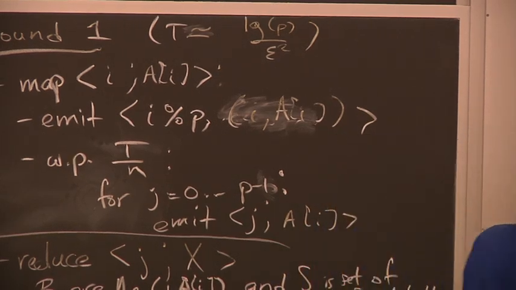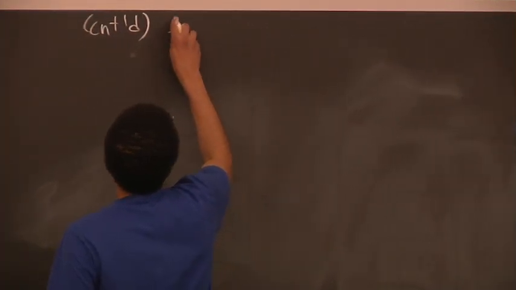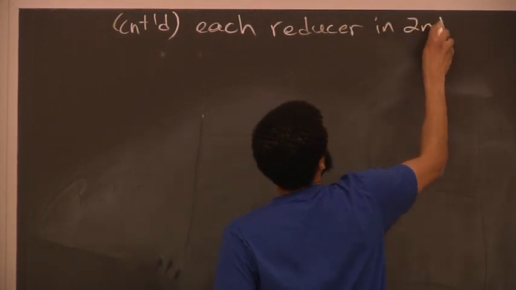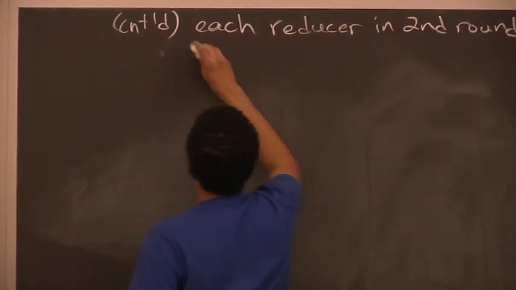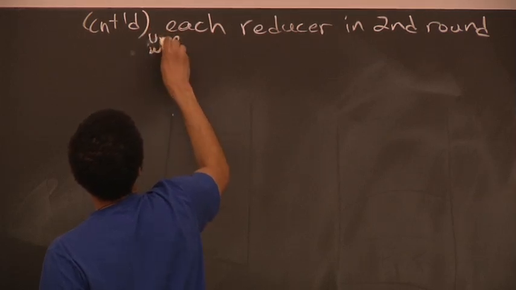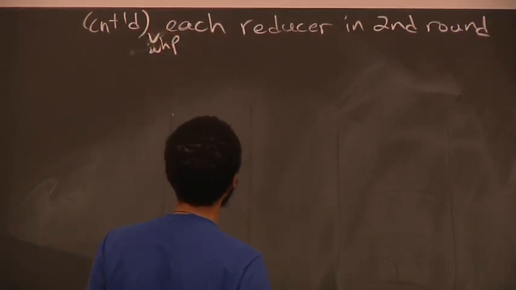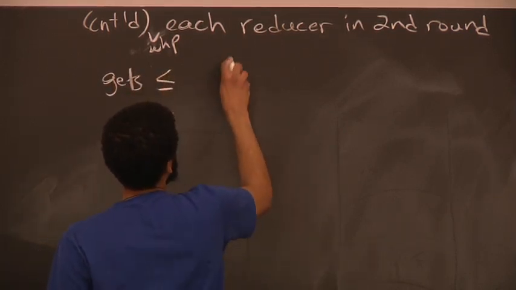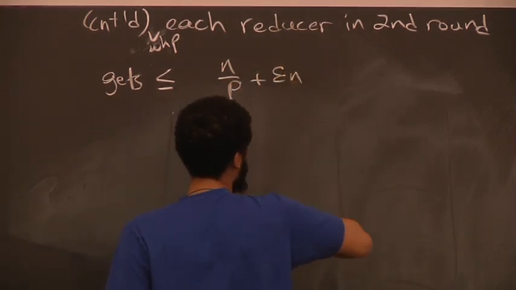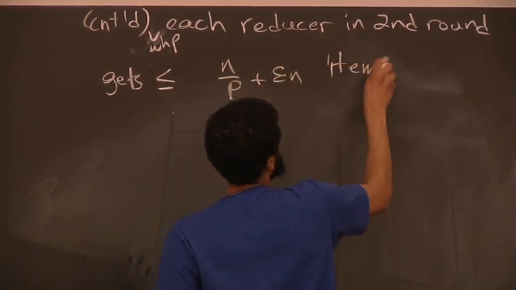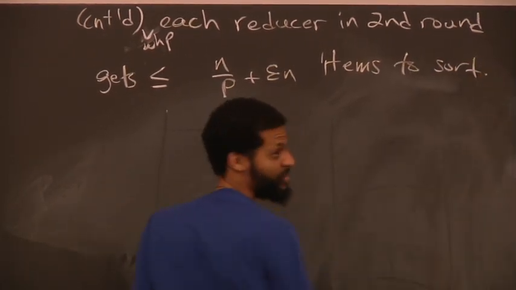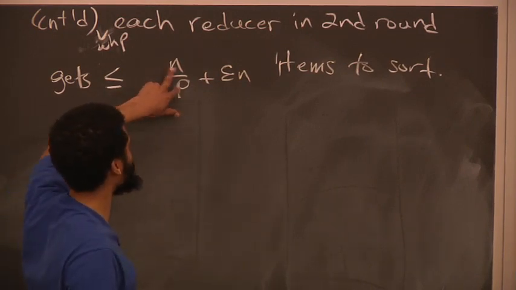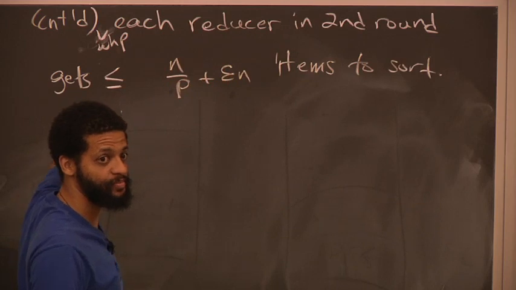So what this means is that, with high probability, each reducer in the second round gets at most something like n over p plus epsilon n items to sort. In particular, the number of items it gets to sort is between n over p minus epsilon n and n over p plus epsilon n.